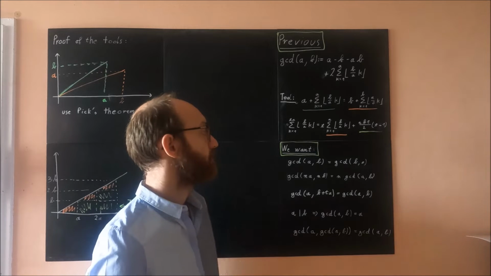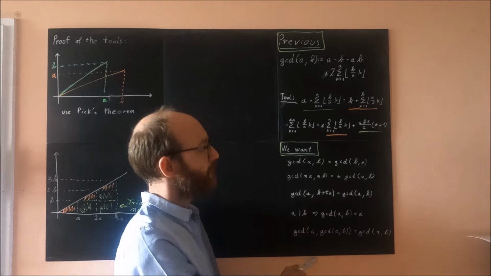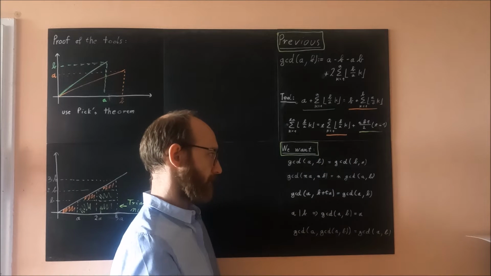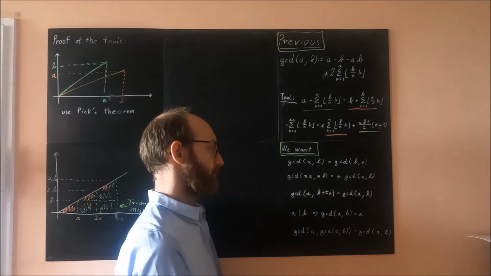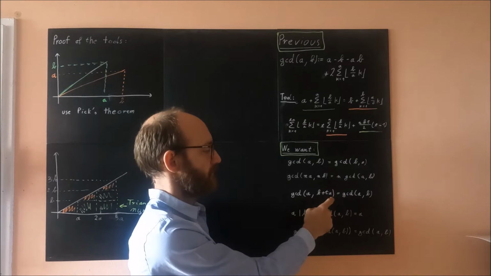And what we want is to prove some properties of the GCD, like the commutativity, then the scaling property, and some kind of invariance.